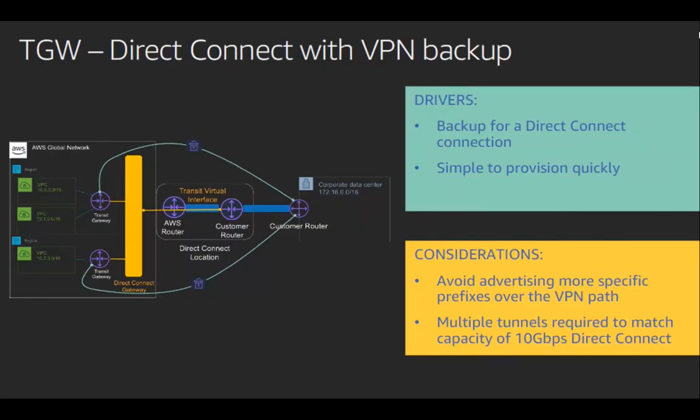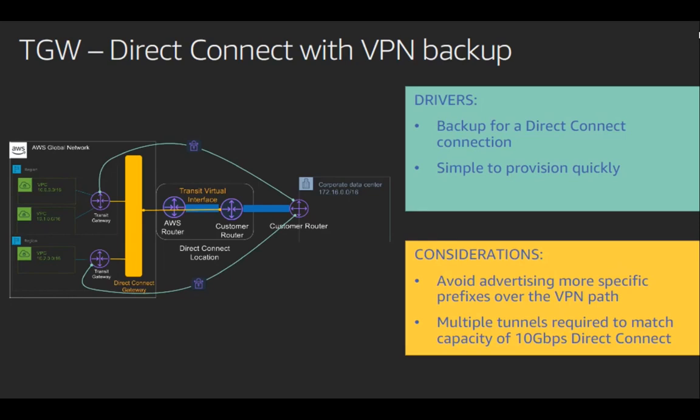Our connectivity to on-premises will be up and running with the VPN backup. And it is simple to provision. You can quickly provision the IPsec VPN and the virtual private interface, and you can have highly available connectivity.